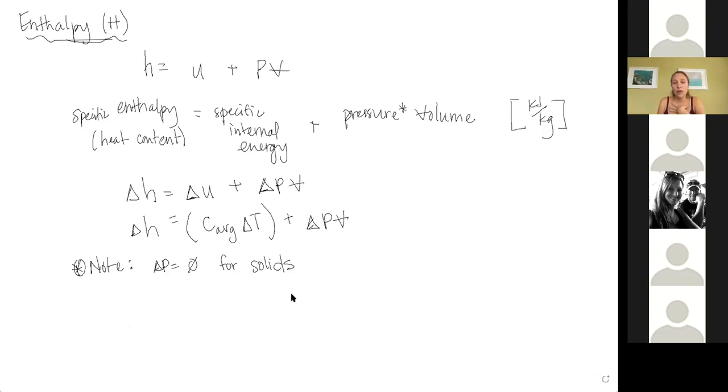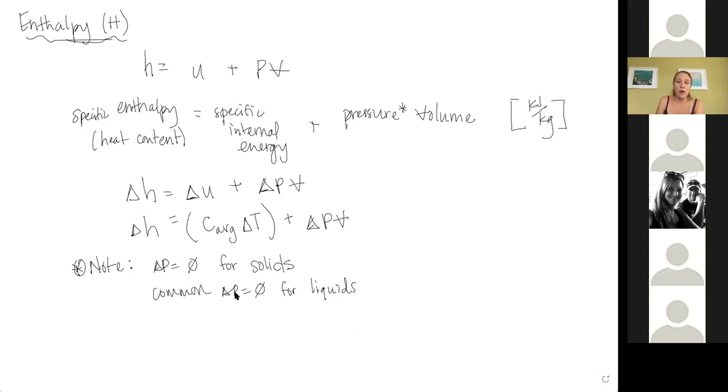It's also common, not all the time, for delta P to equal 0 for liquids. We pressurize gases the most commonly. Solids, we never really pressurize. Liquids, it's not as common. In chapter 5, later, we will look at pressurized liquids and nozzles and hoses and stuff.